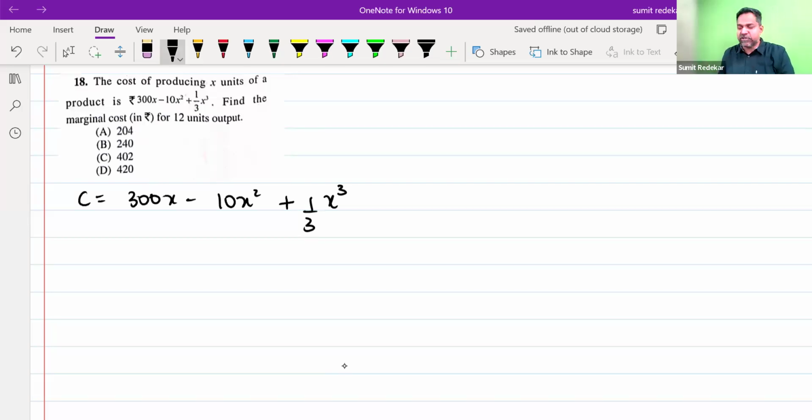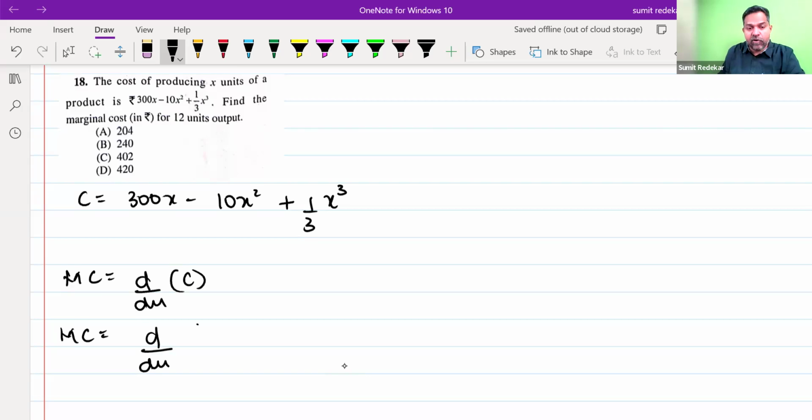Marginal of any function, whether it is marginal cost or revenue or marginal profit, is nothing else but the derivative of the function. So marginal cost is the derivative of the total cost. Marginal cost is the derivative of 300x minus 10x square plus 1 by 3x cube.